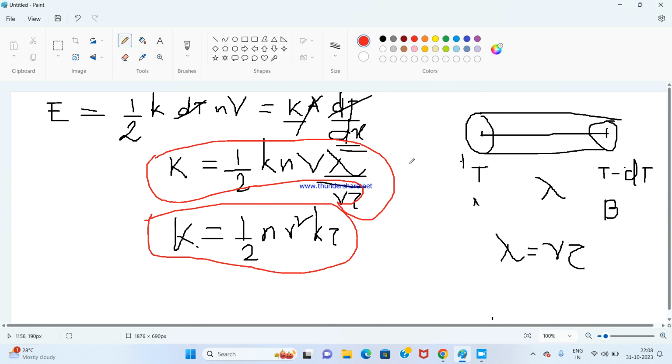Okay, so this is the final expression of thermal conductivity of a conductor. So this K is a capital K, which represents the thermal conductivity, and this k is a small k, which is the Boltzmann constant. So hope you understood the concept.